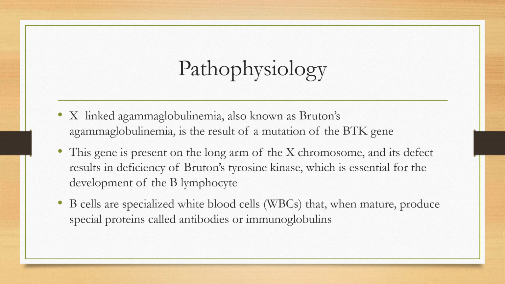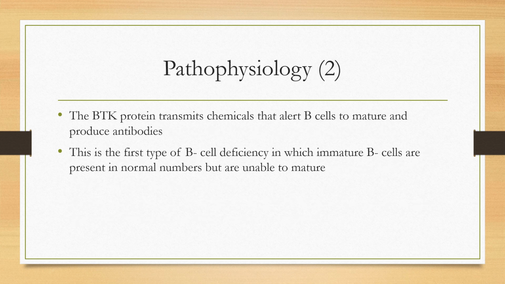So, B cells are specialized white blood cells, WBCs, that when mature will produce special proteins called antibodies or immunoglobulins. In just a moment, all of this is going to make sense to you. So the BTK protein will transmit chemicals that will alert the B cells to mature and then produce antibodies. This is the first type of B cell deficiency in which immature B cells are present in normal numbers, but they are unable to mature.